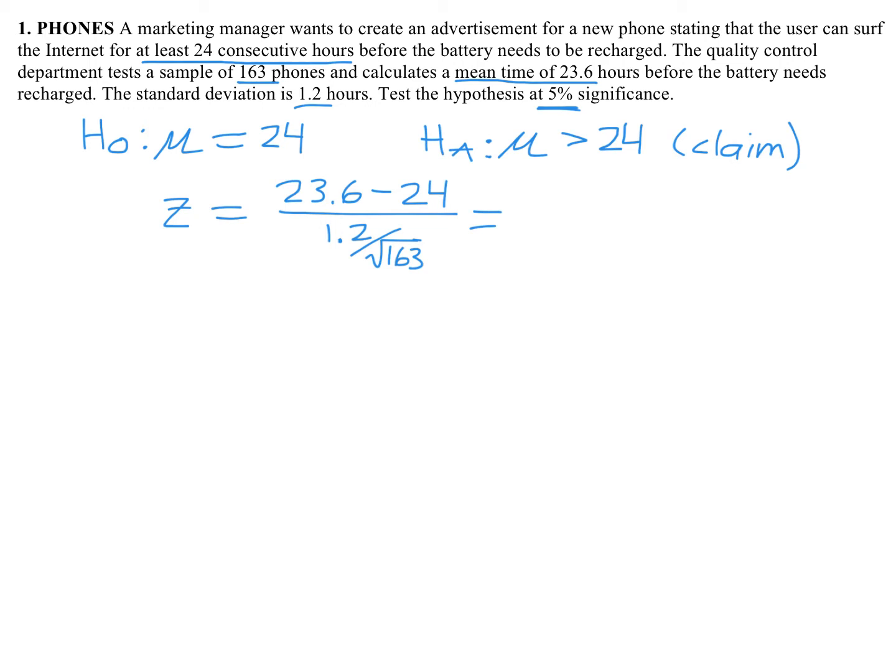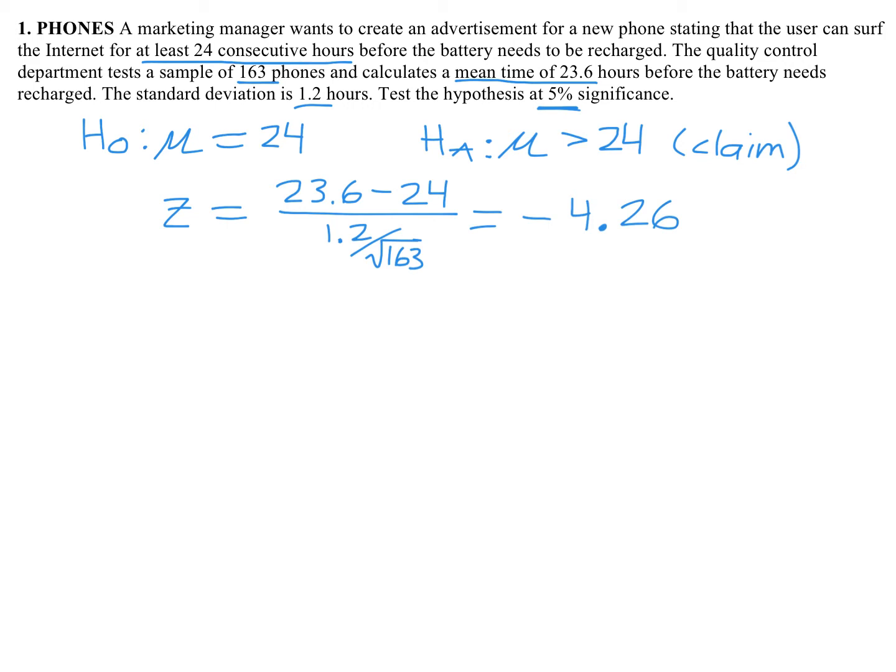So choose stats because we had summary stats. For mu, we're going to put 24. For sigma, 1.2. X bar is 23.6 and n is 163. On the second to last line, we want to choose the greater than symbol and then calculate. All right, so if you do that, that confirms that the z is negative 4.26 if we round to the nearest hundredth.